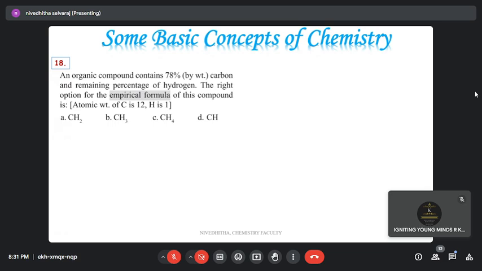They are asking us to calculate just the empirical formula. And in fact, they have provided the atomic weights of carbon and hydrogen as well. Very simple. Option C, ma'am. Yes, it is option C.